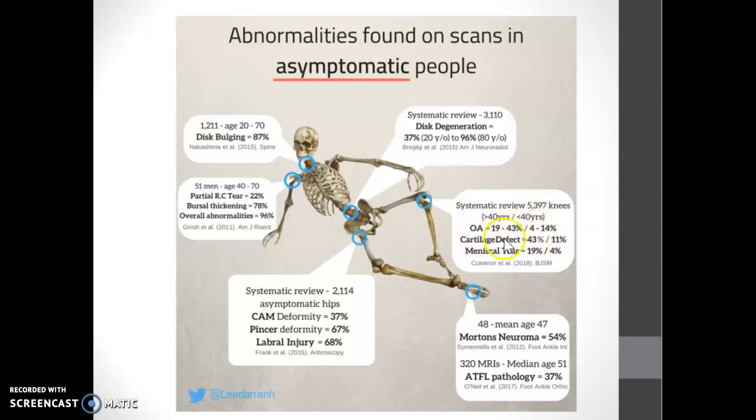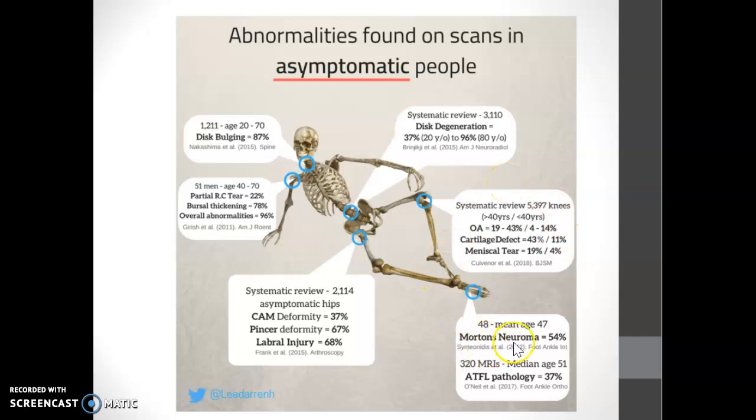For a cartilage defect over the age of 40, 43% of scans would come back with a cartilage defect, and 11% under the age of 40. And then meniscal tears, 20% over the age of 40 will have a meniscal tear, and 4% under the age of 40 will have a meniscal tear. Again, these are all asymptomatic patients.